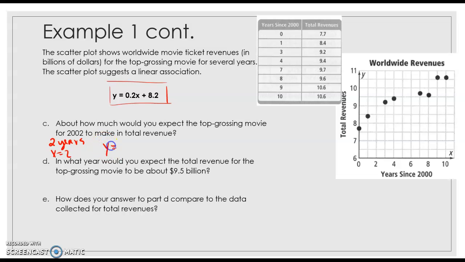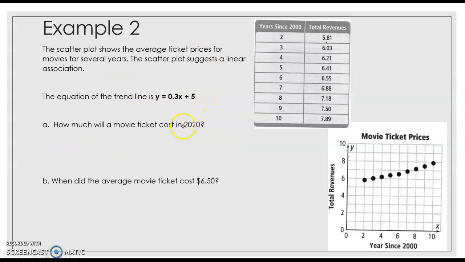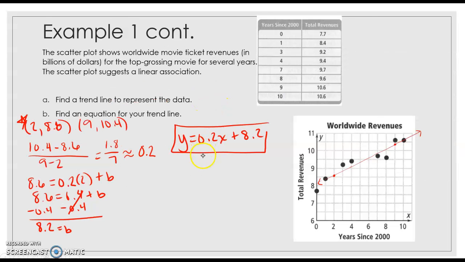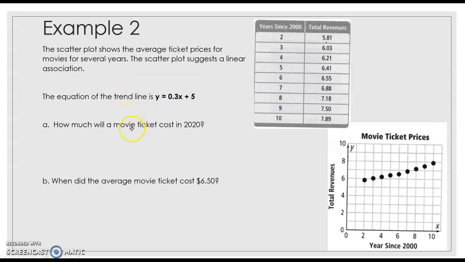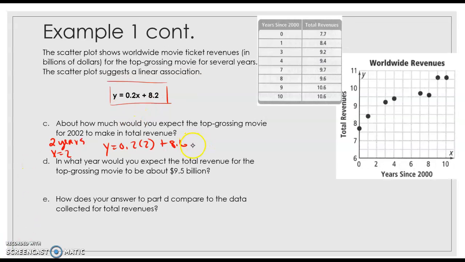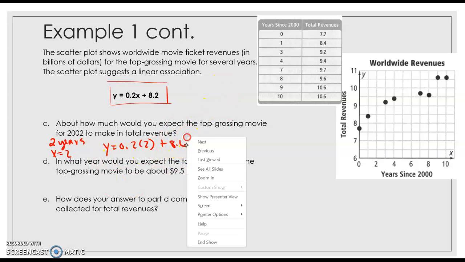So y equals 0.2 times 2 plus 8 point. I don't know why I'm trying to write 6, because we obviously want, let me pause and see if it'll start writing again. We're not wanting 6.